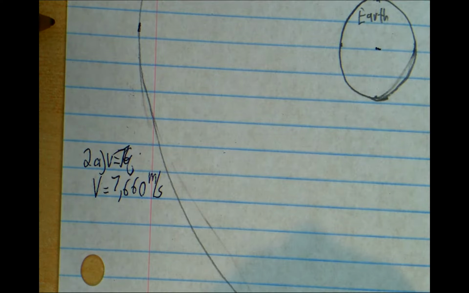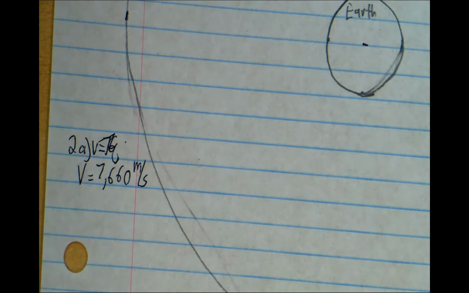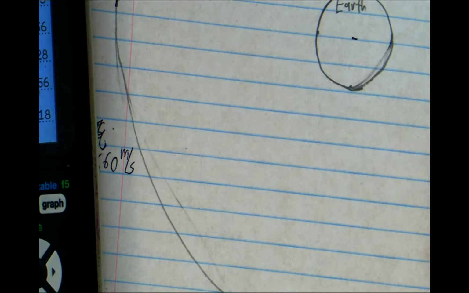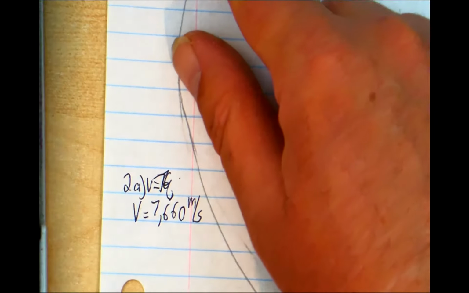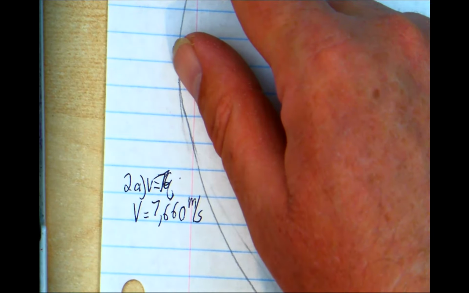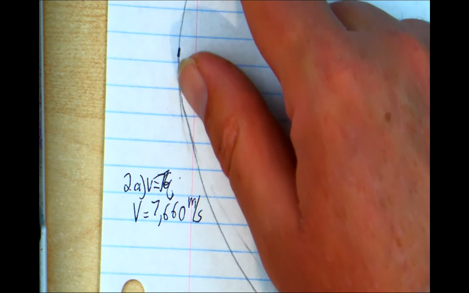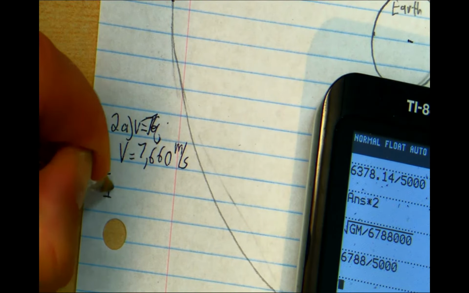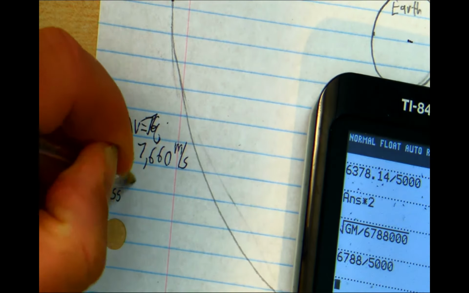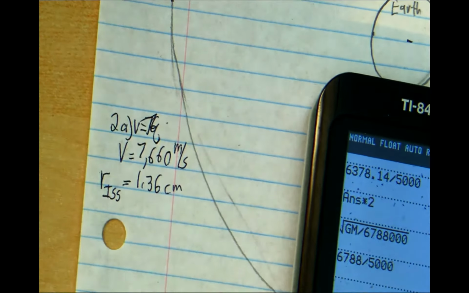Part B, add the ISS orbit to scale. Well, okay, so it's 410 kilometers. If I take the orbit radius of 6788 and divide that by 5,000 kilometers per centimeter, the radius of the ISS orbit would be 1.36 centimeters.